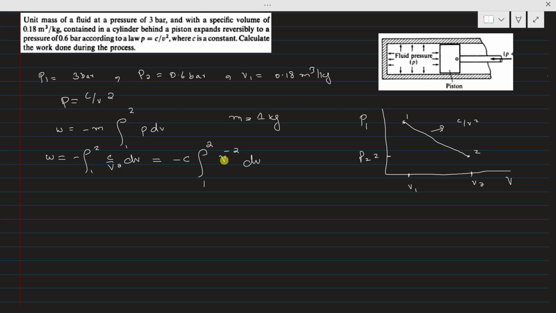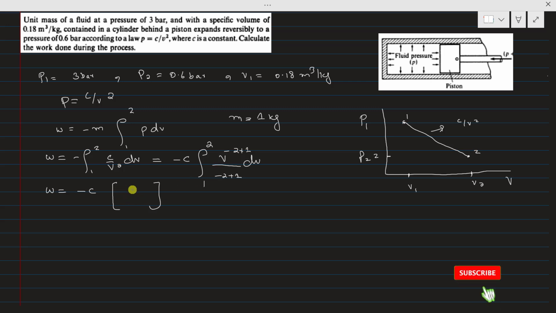Now the integration of the specific volume to the power minus 2 is very simple. Just add 1 to the exponent and divide by the new exponent, minus 2 plus 1.